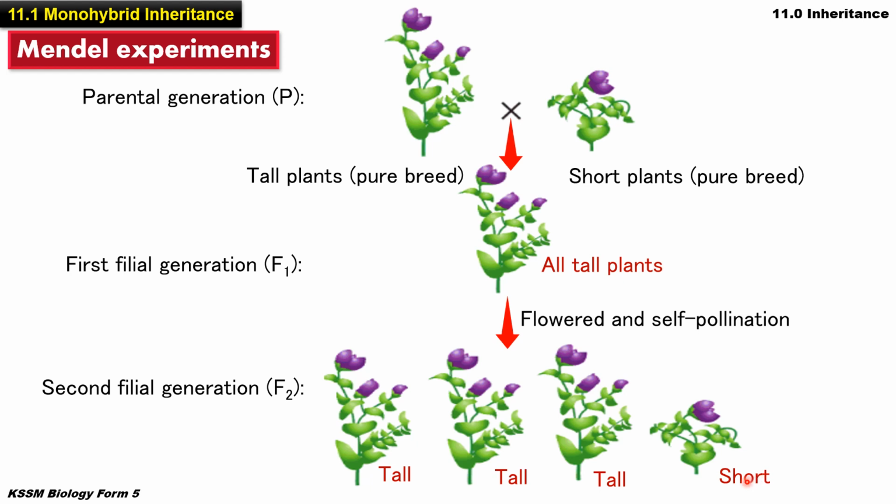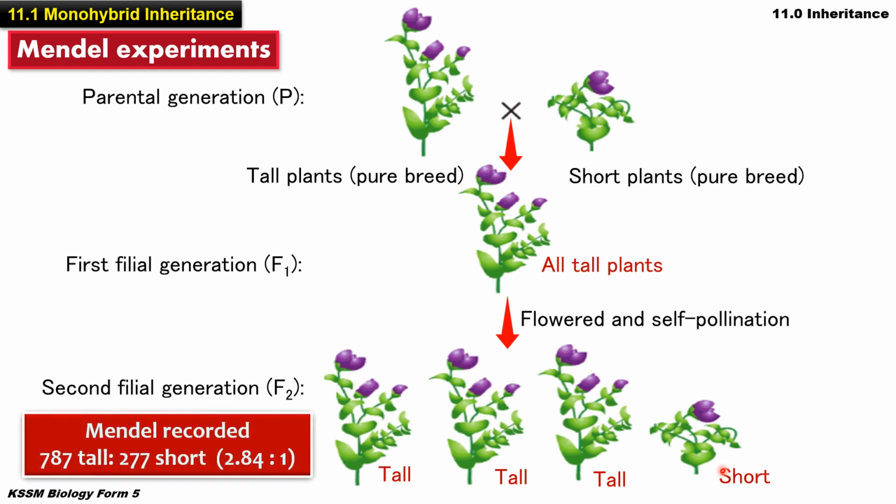Boleh? So slide ni adalah keseluruhan cerita tentang Mendel eksperimen monohybrid tadi. Okay, which is Mendel dia tanam, dia dapat daripada yang tall short ni 787 tall, 277 short.